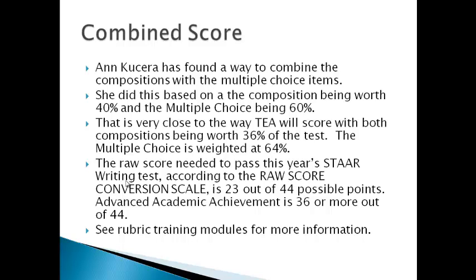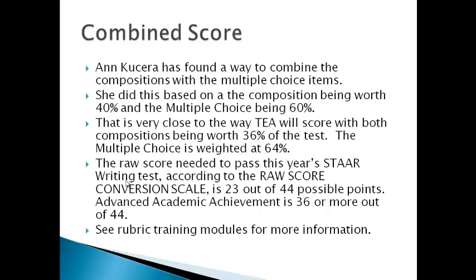Basically this year, as the students take the test in April, the raw score needed to pass this year's STAAR writing test according to the raw score conversion scale from TEA is 23, because we're still in phase 1. That's 23 out of 44 possible points. You're looking at the combination of the compositions with the 28 multiple choice. So if a student had a raw score of 23, they will have passed the test.